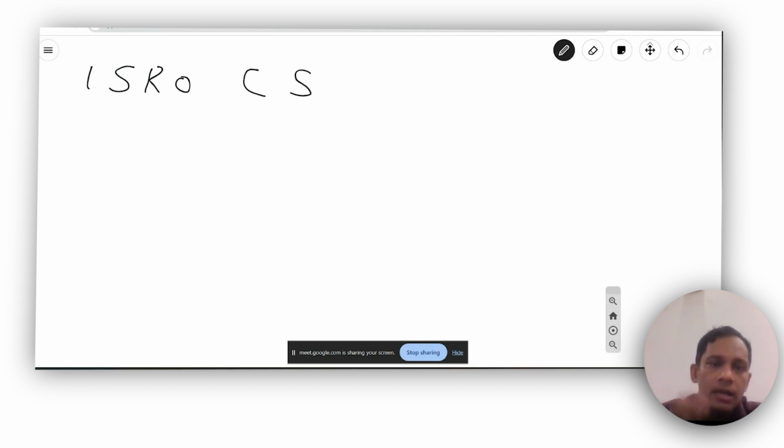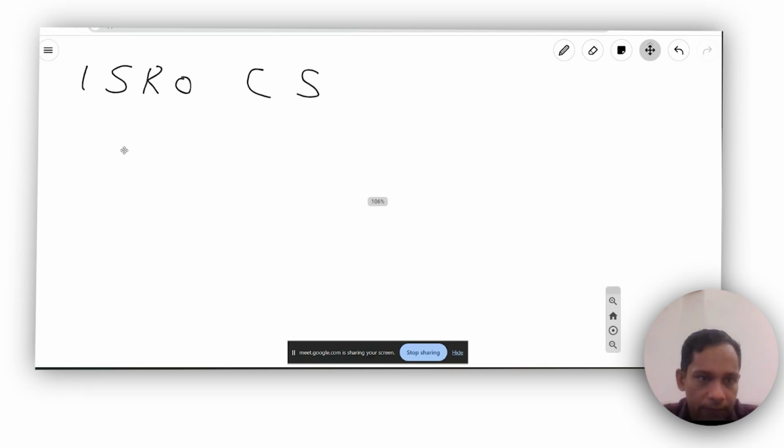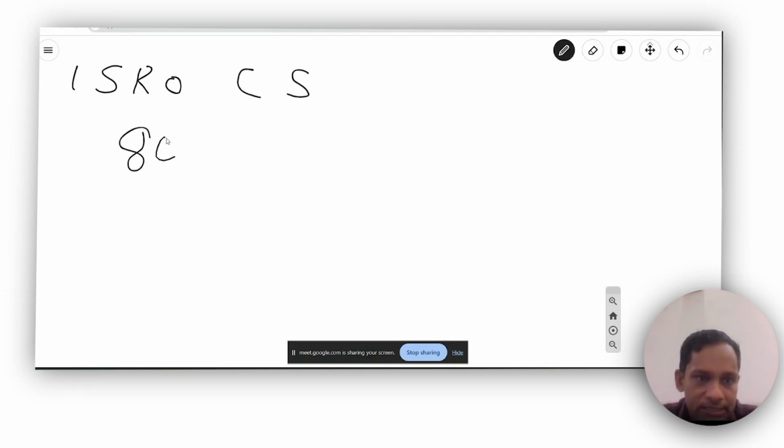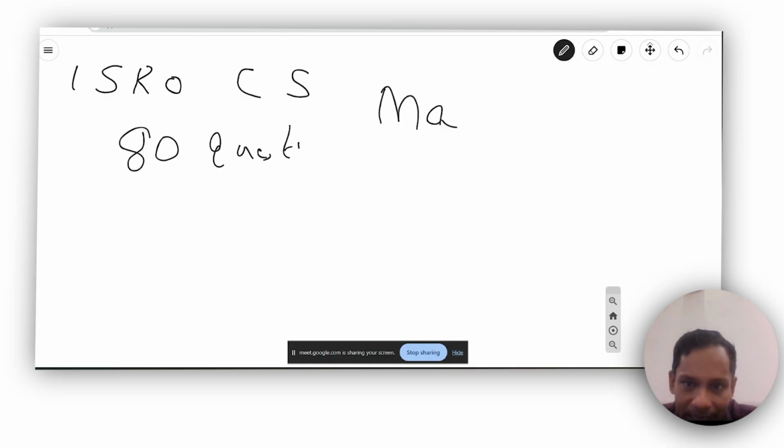If you take the computer science examination, generally there will be 80 questions from different modules. For the maths part, they ask mostly from matrices and at times from probability. Most of the time, the syllabus is aligned with the GATE examination. So matrices and probability for maths.